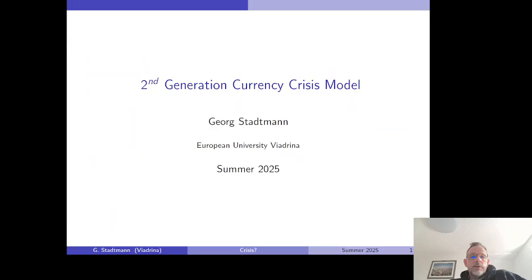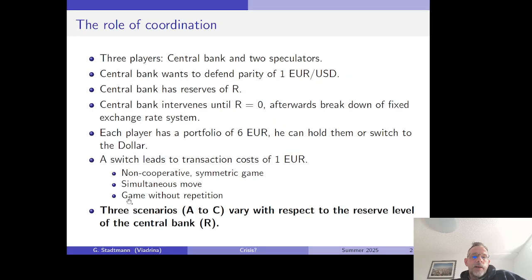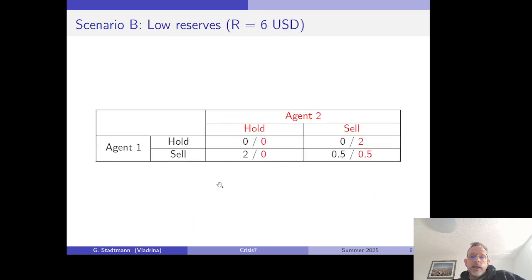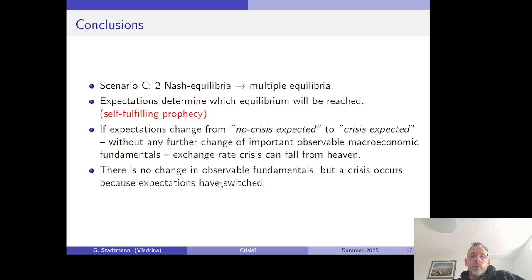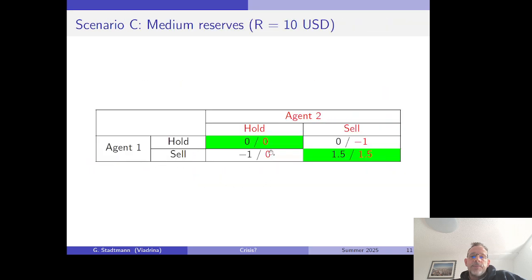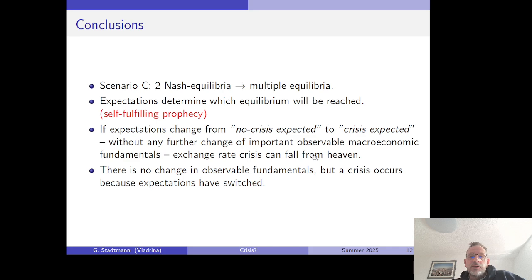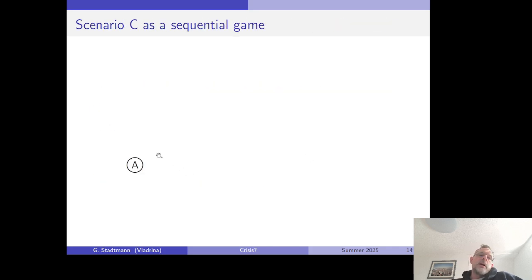Furthermore, we also assumed in the beginning that we have a simultaneous game. And in the simultaneous game, we are working with these payoff tables. And there we had two Nash equilibria. Now I would like to relax this assumption and check what the outcome is in case there is a sequential game.